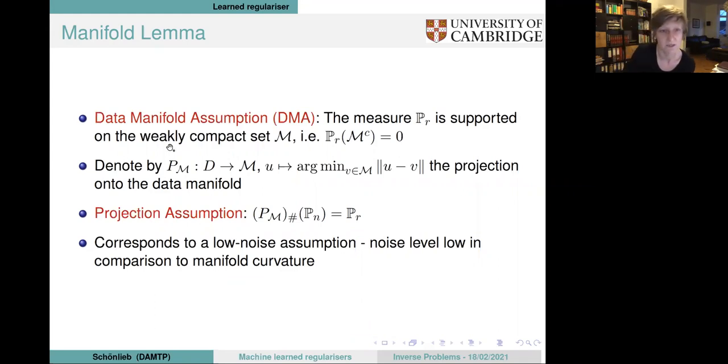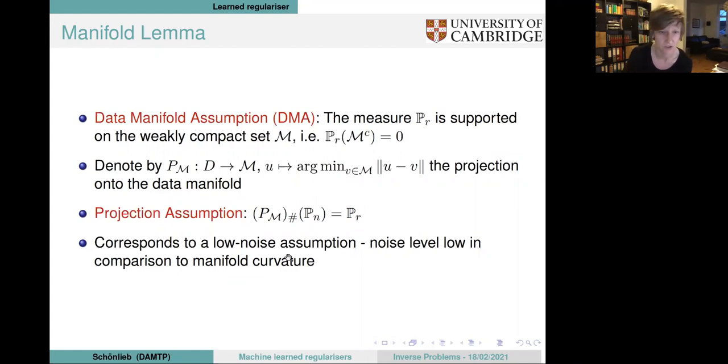So these are just some attempts, in some scenarios, to say a little bit more. The first scenario is that my distribution of ground truth images is well behaved, which means I assume that PR is supported on a weakly compact set that I call M. This is an okayish assumption.